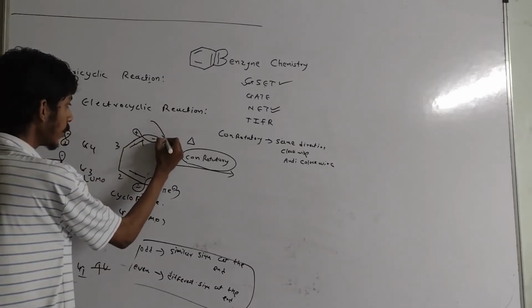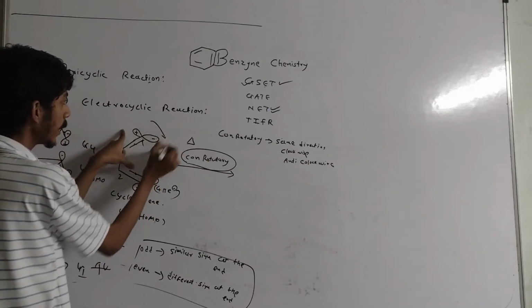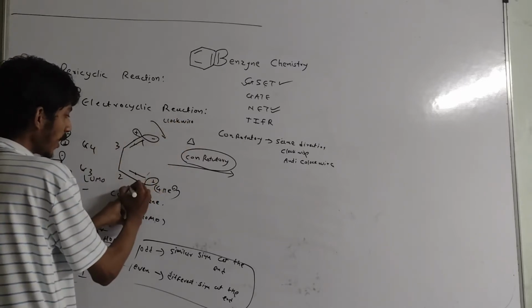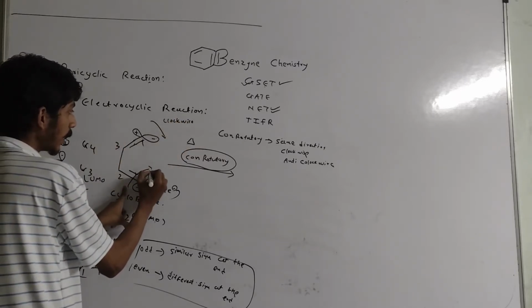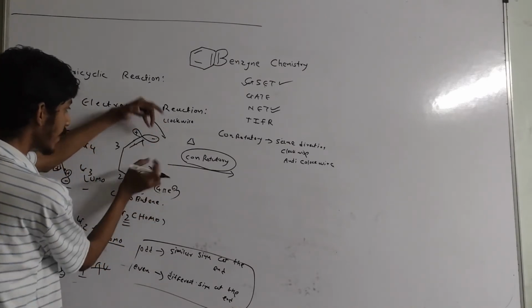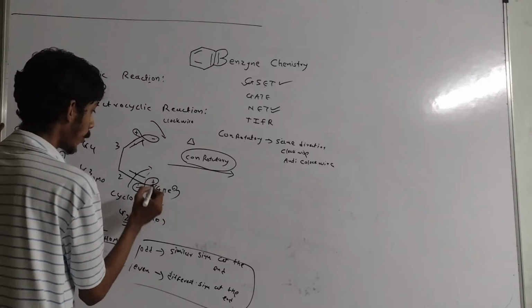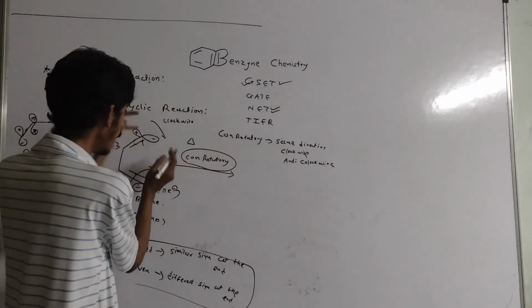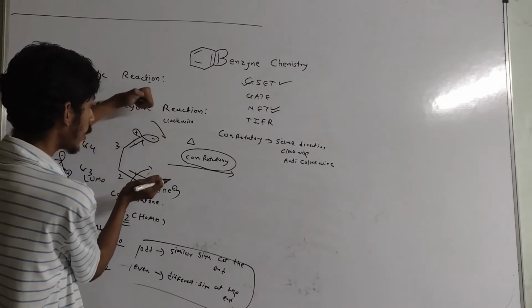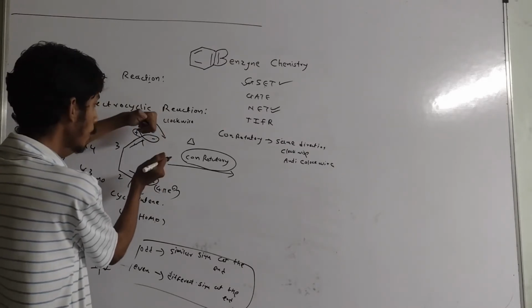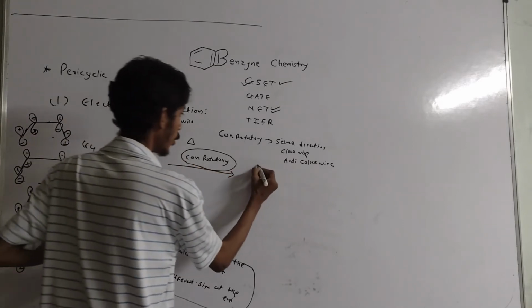This p orbital rotates in the clockwise direction, so this p orbital also has to rotate clockwise, and only then do these two signs combine and form the bond. In conrotatory clockwise rotation, same signs of the p orbitals overlap one another and form the bond.